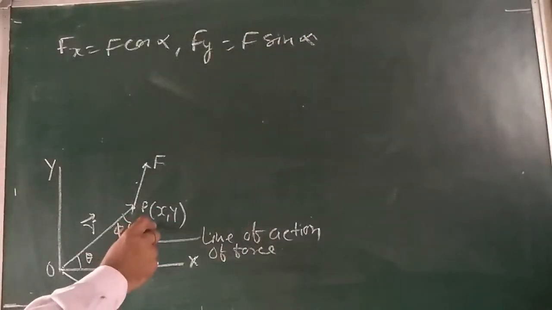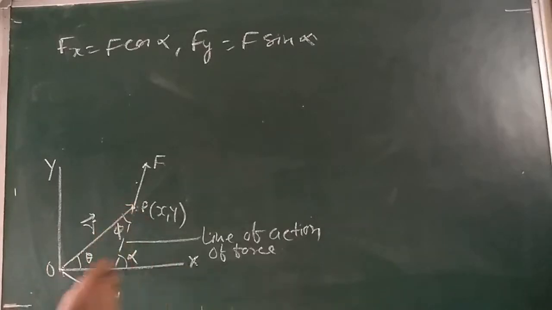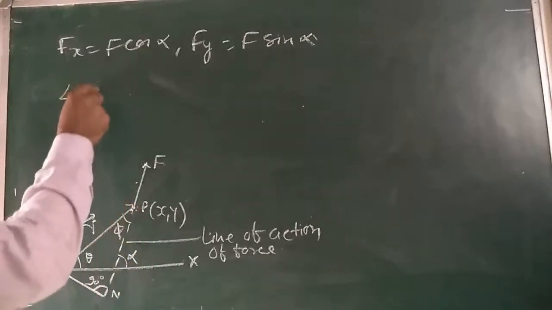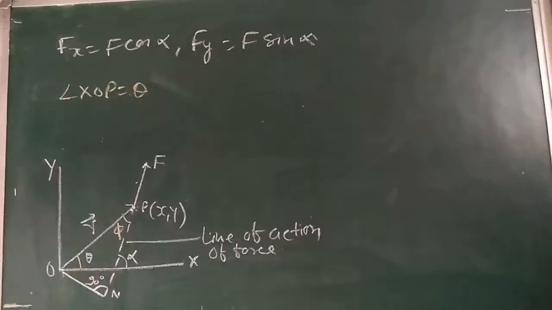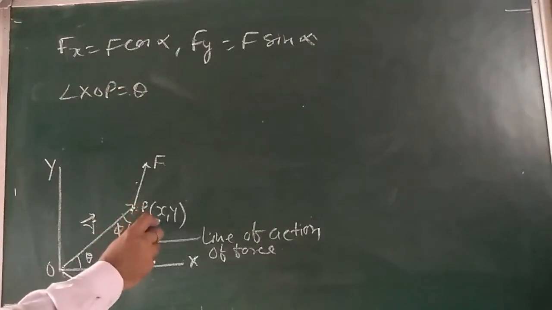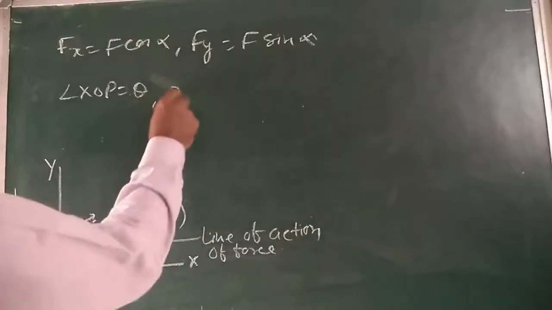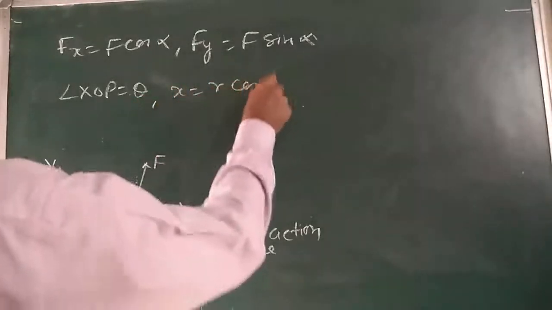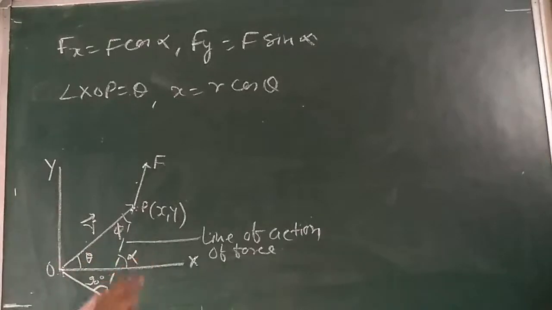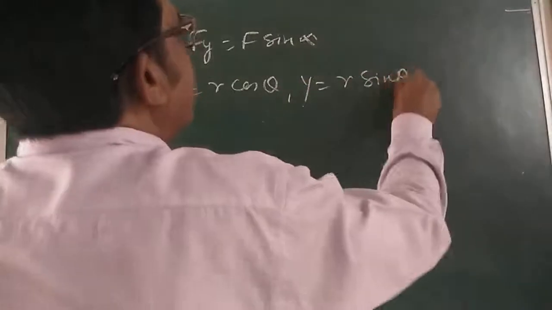If x and y are the coordinates of the point P, where OP is equal to r and angle XOP is equal to theta, then x is equal to r cos theta along this axis. Similarly, y is equal to r sin theta.